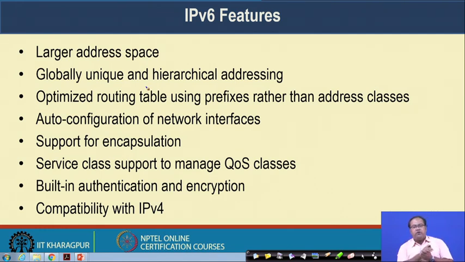In case of IPv4, we had in mind a hierarchical structure of the global internet, but ultimately we failed because of the unavailability of a sufficient number of addresses, and that is why we moved away from the classful addressing which was there initially. Classful addressing, as you know, is a prefix based system.